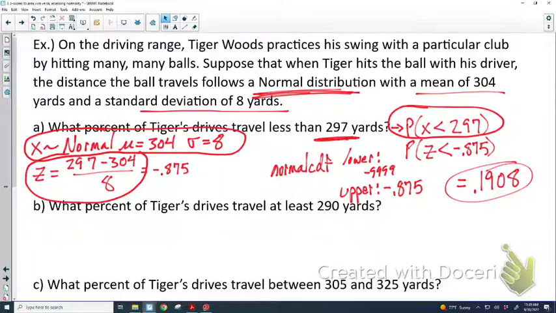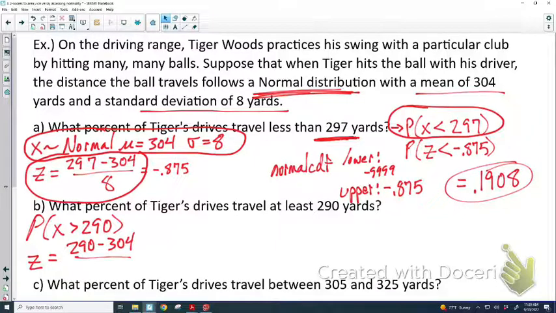So on part B, what percent of Tiger's drives travel at least 290? You can skip this first circle right here. And let's just write the question. At least 290. You still got to show your work. Let's do 290 minus 304 divided by 8.